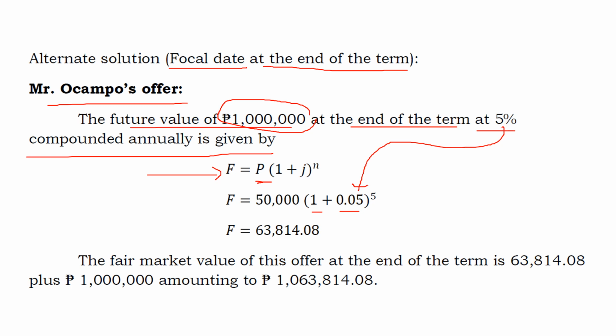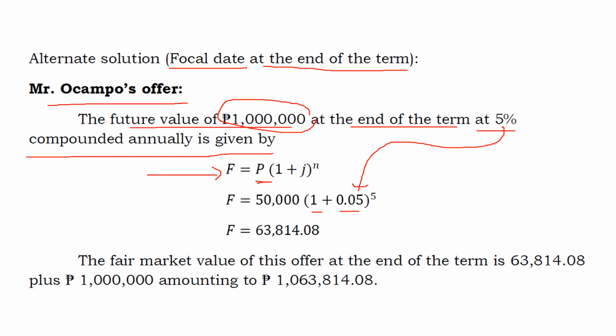If that is not compounded annually, we divide the rate by 4 if it is compounded quarterly, or by 2 if it is compounded semi-annually. So it depends on the keywords that we can see in the given. But in this case, it is compounded annually, so we directly substitute the given interest rate into the formula for your future value.